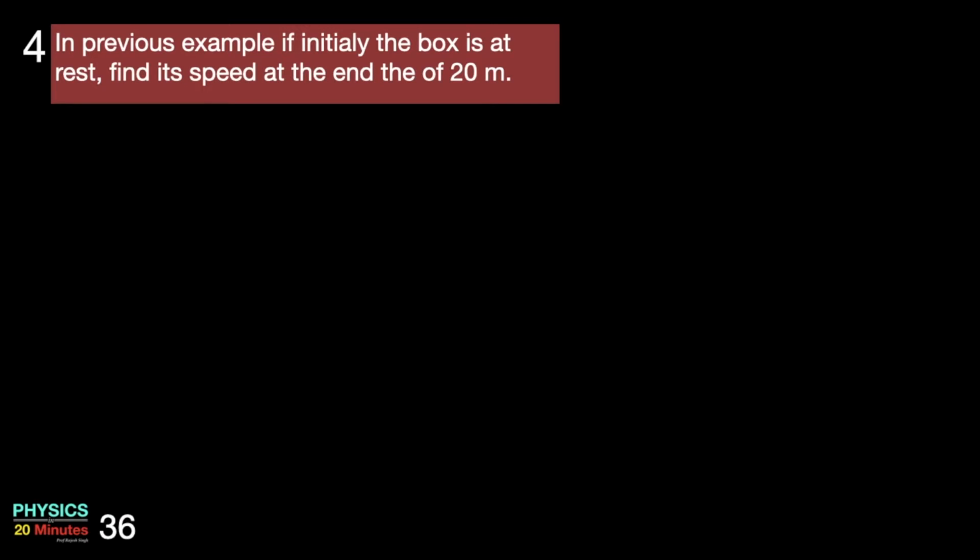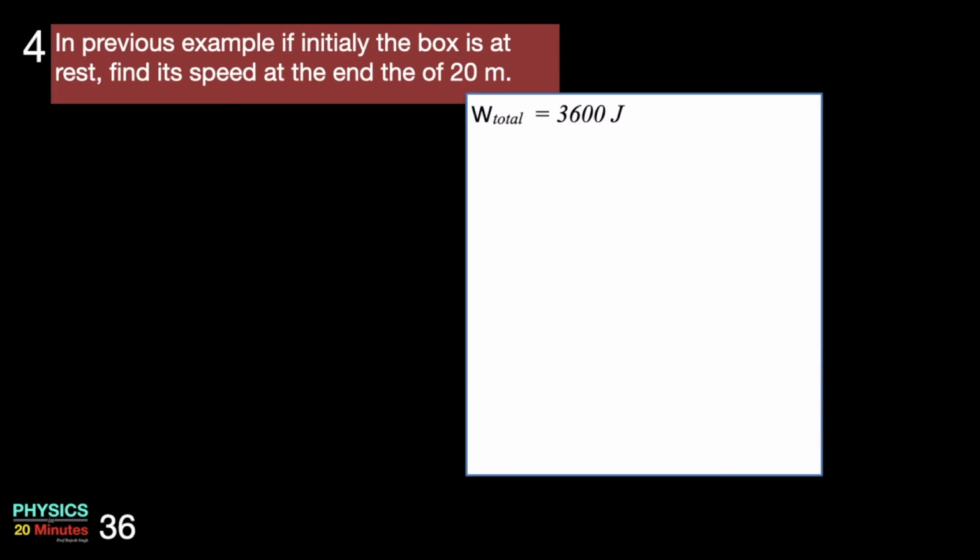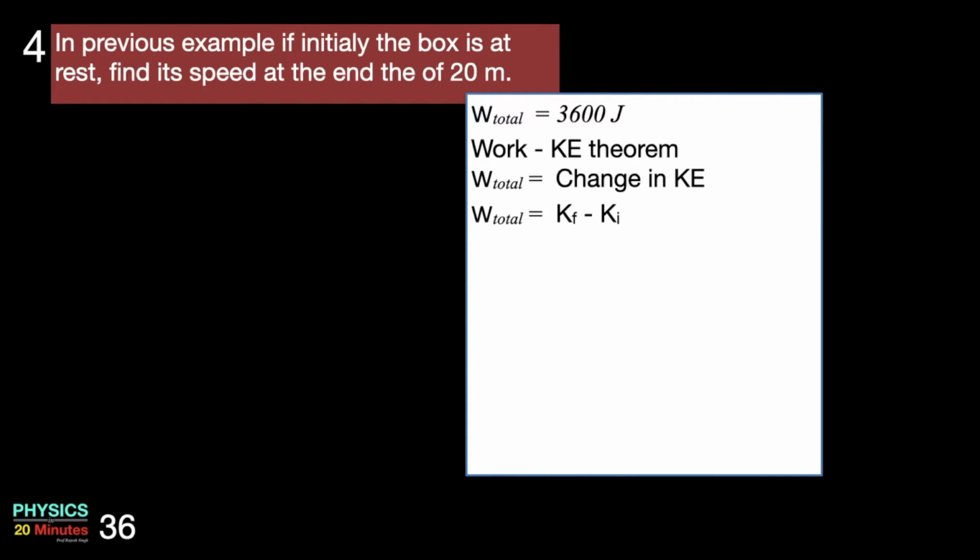In the previous example, if initially the box is at rest, find its speed at the end of 20 meter. We can use the work kinetic energy theorem to solve this part of the problem. So total work is 3600 Joule. The work kinetic energy theorem says that total work done is equal to change in the kinetic energy. Therefore total work is final kinetic energy minus initial kinetic energy.